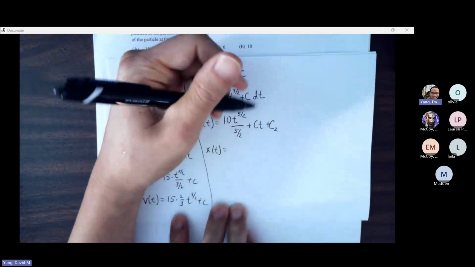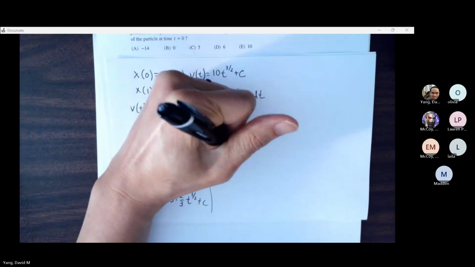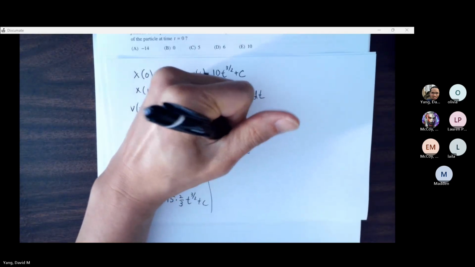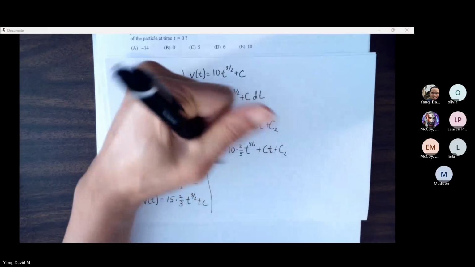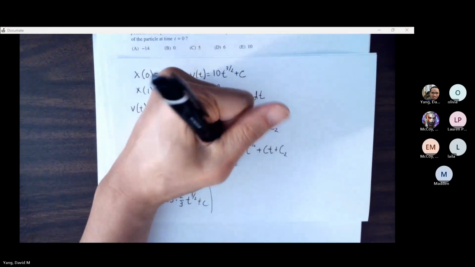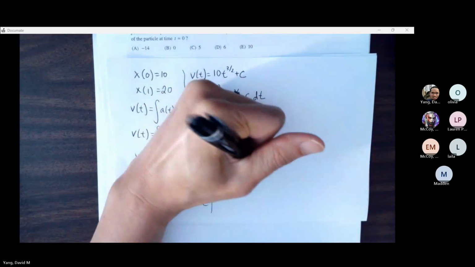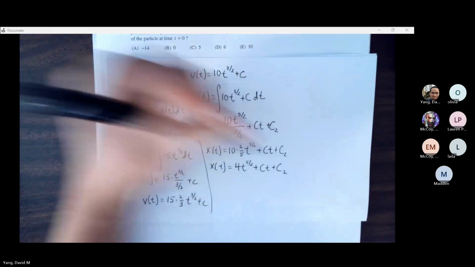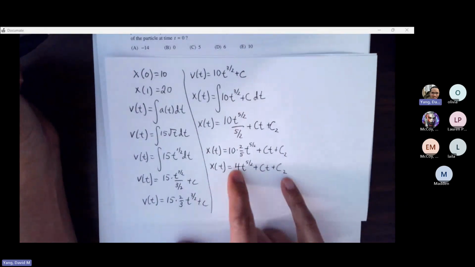Flip that 5/2 to be 2/5. So now we have the position function.